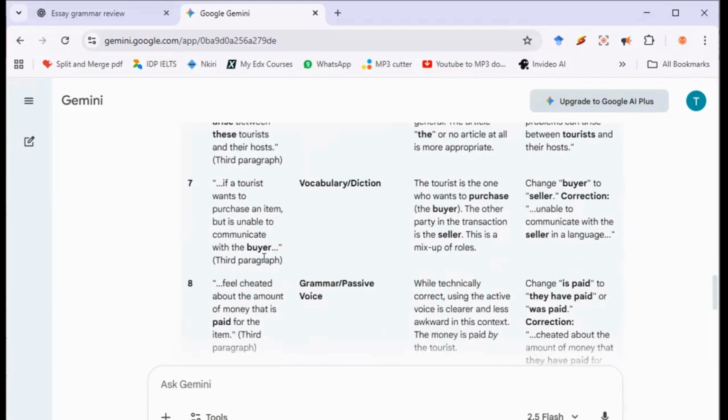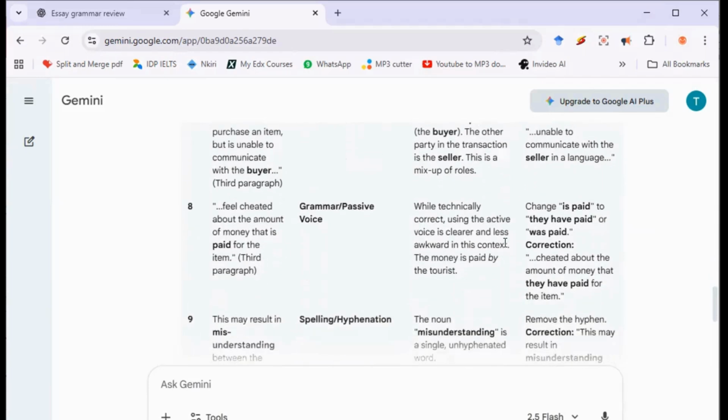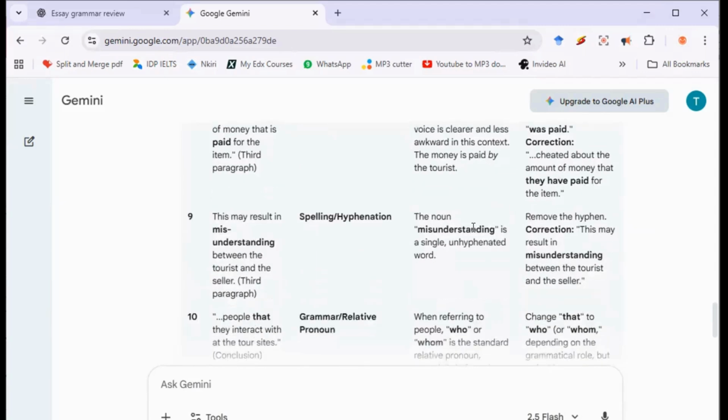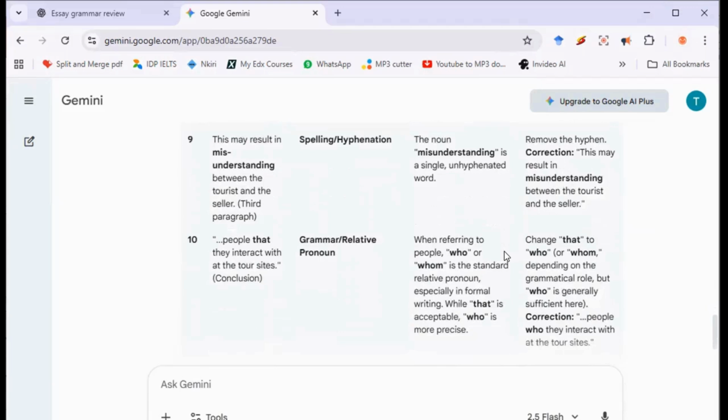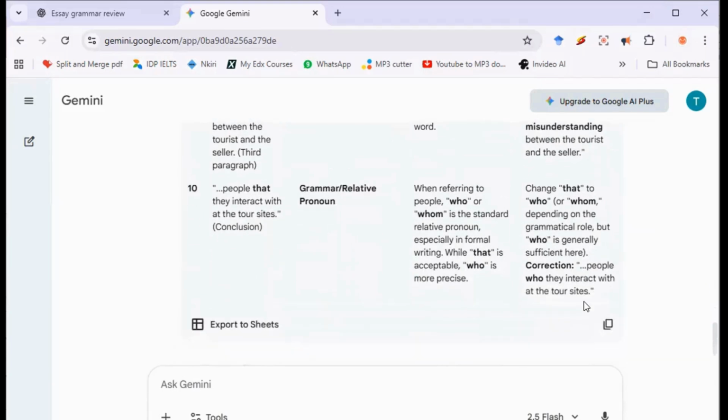Next: if a tourist wants to purchase an item but is unable to communicate with the buyer. ChatGPT showed us this one: a seller instead of buyer. Feel cheated about the amount of money that is paid. Change it to, cheated about the amount of money that they have paid. Then misunderstanding, and people whom, that's what we saw.